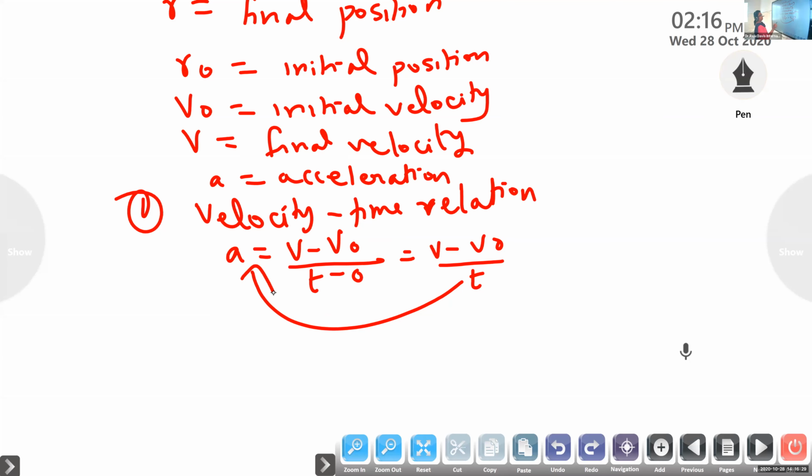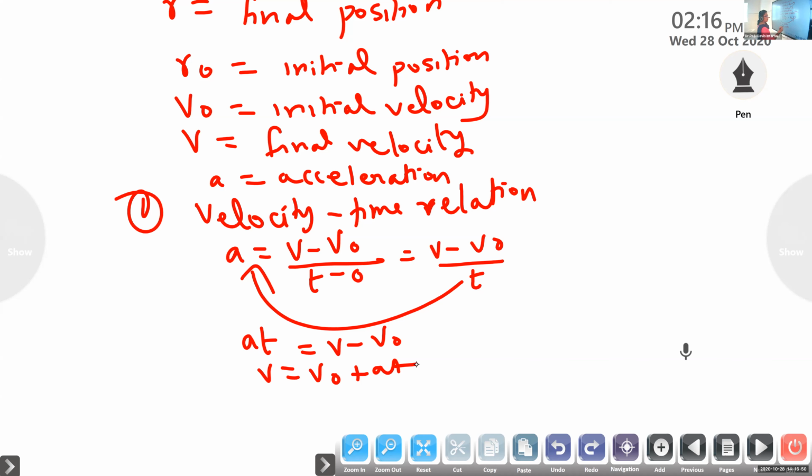Cross multiply, same as before. AT is equal to V minus V0. Therefore, V is equal to V0 plus AT. That is the equation we already got.